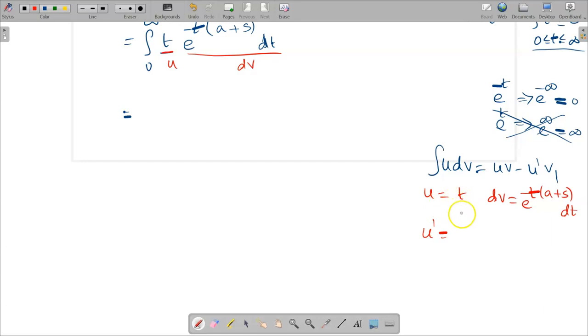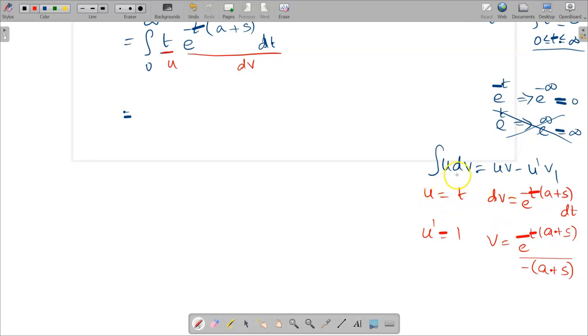Differentiation of t is 1, and then dv is given, so from that you can determine v, that is, integrate this term. What is v? Just integrate and write: e power minus t a plus s divided by t's coefficient, that is minus of a plus s, and again in the formula I have v1 also.